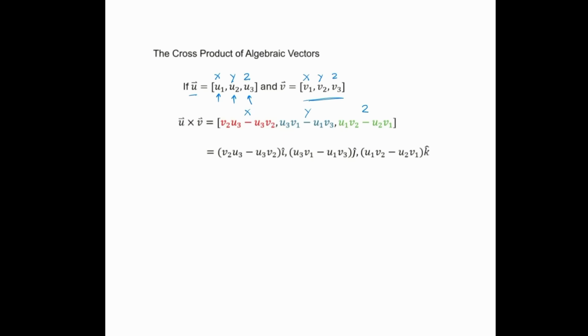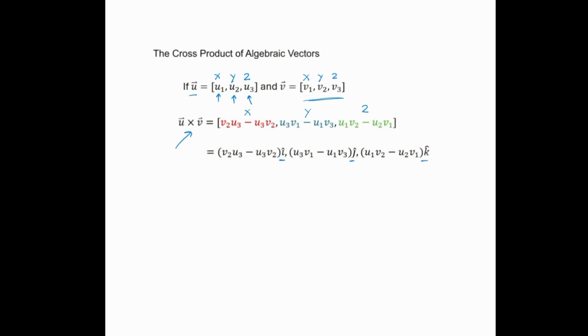If we wanted to rewrite that using these unit vectors as scalar multiples of the unit vector, we could write it like that. I don't want you to panic about this. You don't actually need to memorize this. There's absolutely no need to, because there is a little bit of a trick to it, and I'm going to show you what that is. Your textbook does it slightly differently, but it's the exact same idea, so we're not going to worry that it's not exactly the same.